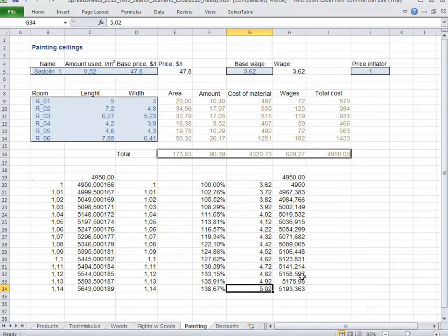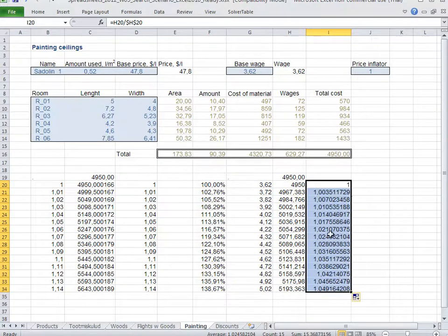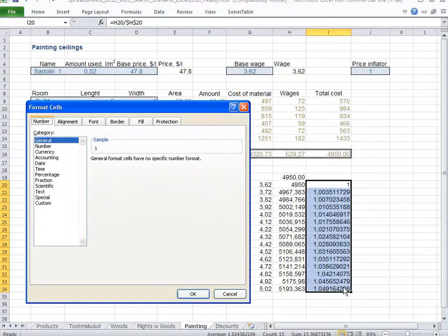We once again take the current cost and divide it by the first cost. To fix the first cost, we're taking the dollar signs and fixing the first cost. Now we can copy and calculate the costs. We can once again select it all, do a Control 1, and take it into a percentage.